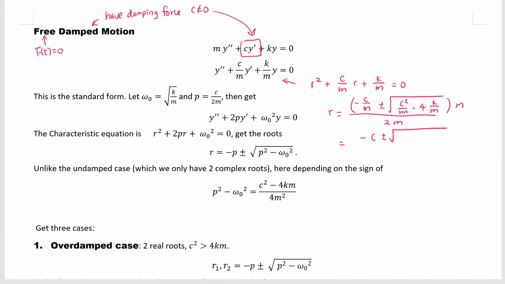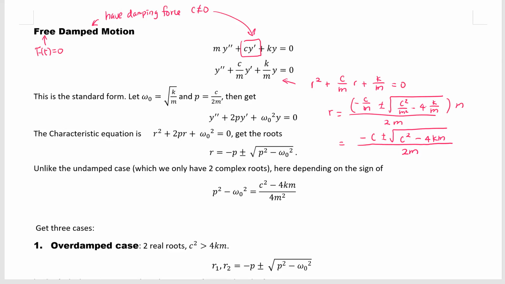Here, we move the m inside the square root, and it becomes m squared, so we're multiplying each term in the square root by m squared. The first term becomes c squared. The second term, you multiply by m squared, so the m in the denominator cancels one copy of the m. We still have 4km over 2m. So far, so good, everybody.